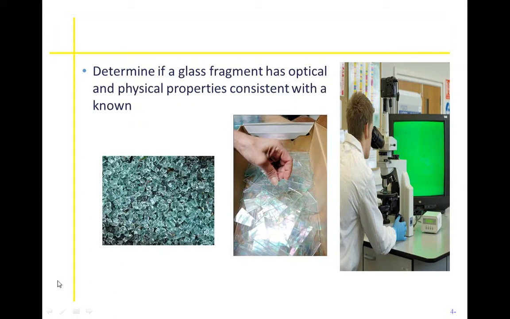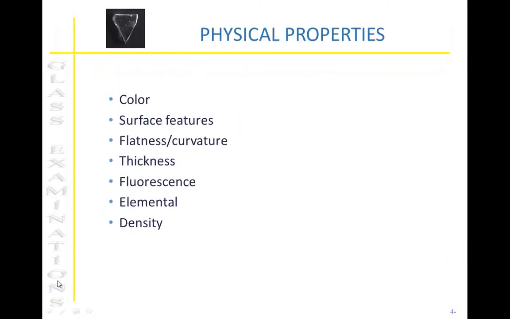In a lot of situations, you'll be working with the optical and physical properties of that glass, trying to determine whether or not it is actually consistent with a known sample. And we can do this by examining the glass particles for the various physical and optical properties. The color of the glass can be determined and compared.